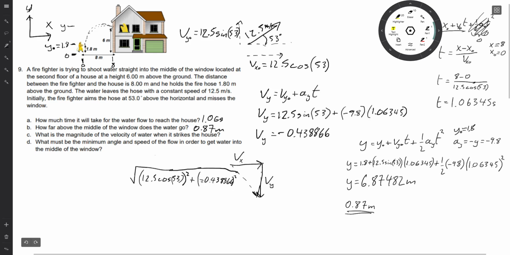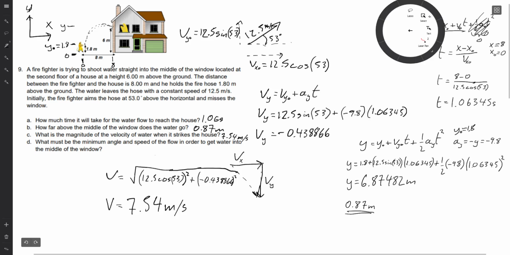Now, as you know, the fact that this is negative and it's being squared means that it will become a positive value, and therefore our total velocity v is going to be equal to, this ends up being a value of 7.54 meters per second. That's rounded to 2 decimal places. Okay, so what's the magnitude? That's 7.54 meters per second.